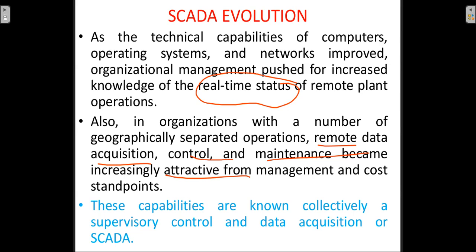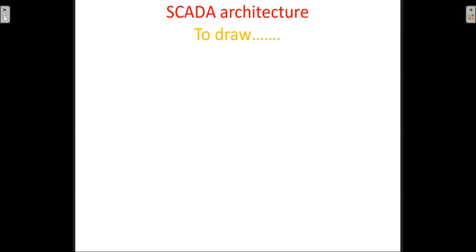So all these capabilities are known collectively as supervisory control and data acquisition, or SCADA. This is how the SCADA evolution has taken place. Now let us look into a typical SCADA architecture. This is very important from the point of view of examinations also.